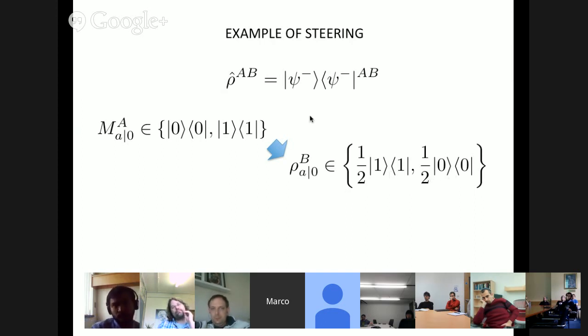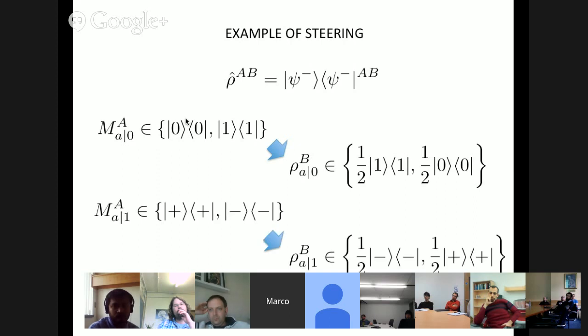You may know that when you consider the singlet, the results of measurements in the same basis are opposite. So when Alice measures 0, the state of Bob will be exactly 1, with a constant in front that is the probability of that outcome to happen. Again, these conditional states are normalized to the probability of the outcome of the measurement of Alice.